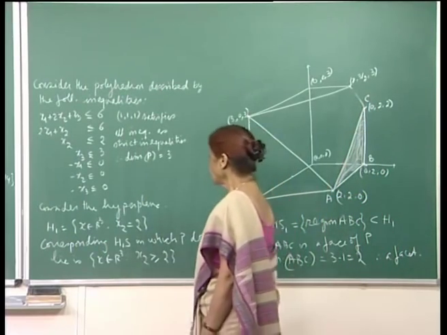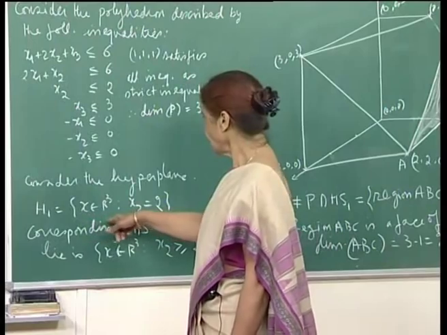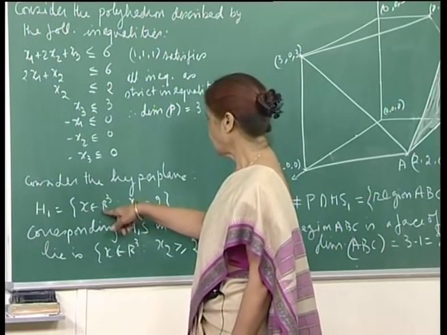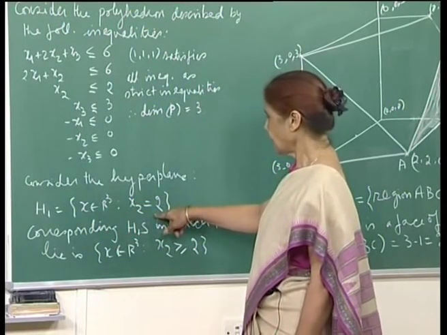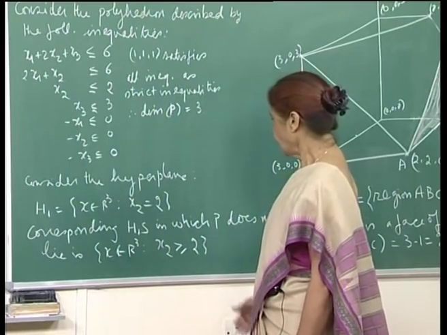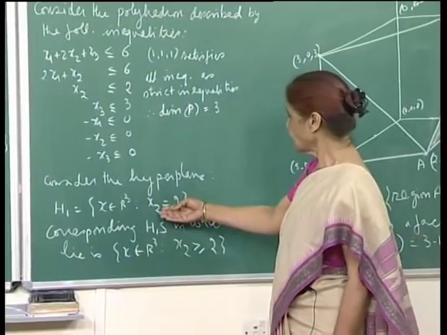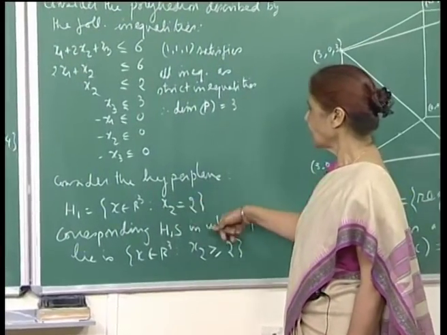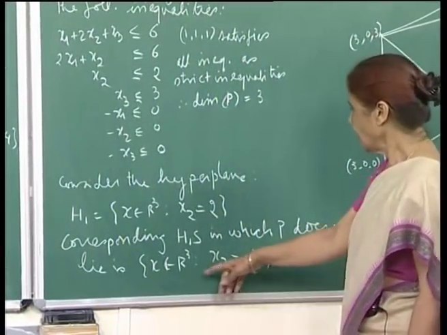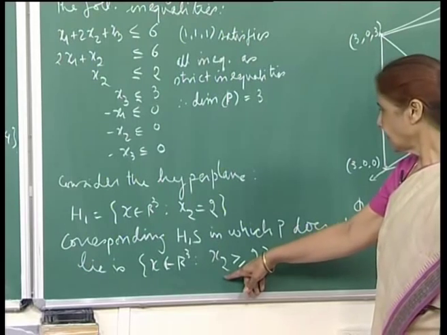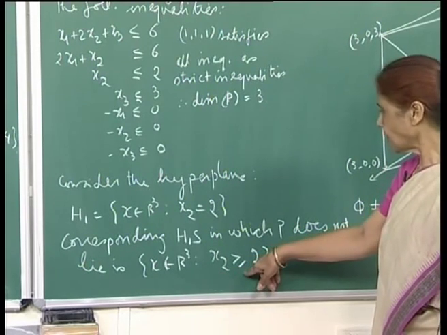I am now saying that you consider the hyperplane H1, which is all points x in R3 such that x2 is 2. Okay. If you take this hyperplane, then obviously we get two half spaces, right? One would be x2 greater than or equal to 2, and the other would be x2 less than or equal to 2. Let me consider the half space x2 greater than or equal to 2.